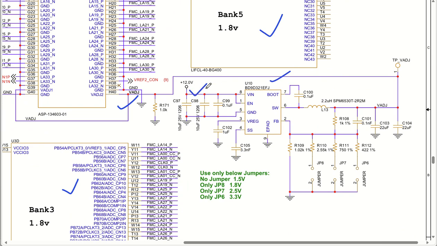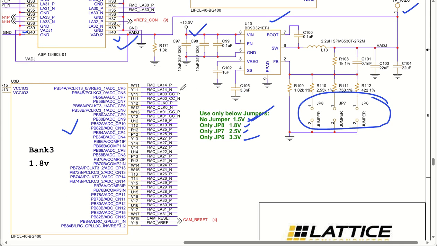From 12 volt, it generates 1.5 volt, 1.8 volt, 2.5 volt, and 3.3 volt based on the jumpers that you use. If you do not use any jumper, then by default 1.5 volt will be available at this location for your utilization. There are two pins used for this V adjustable, and this is how all the banks' FMC connections are interfaced.